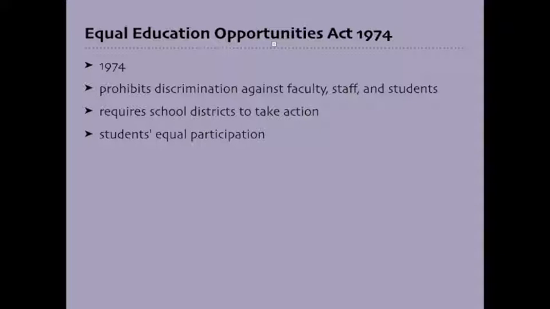The Equal Education Opportunities Act of 1974 prohibits discrimination against faculty, staff, and students, including racial segregation of students, and requires school districts to take action to overcome barriers to students' equal participation.